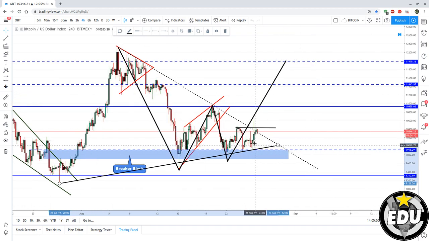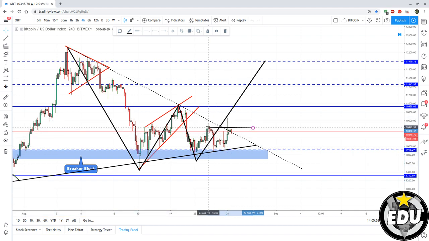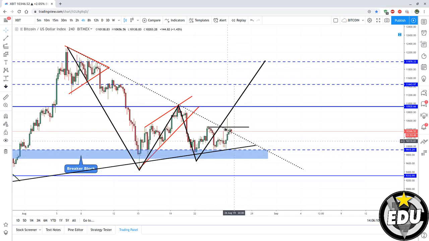Right now we have a false breakout. The candle spiked up, stops were taken, price dropped below the previous swing high. So it still can be a false breakout. So we really don't know if Bitcoin broke or not yet. The candle didn't close above the previous swing, so even in the lower time frame the market structure is not broken yet.